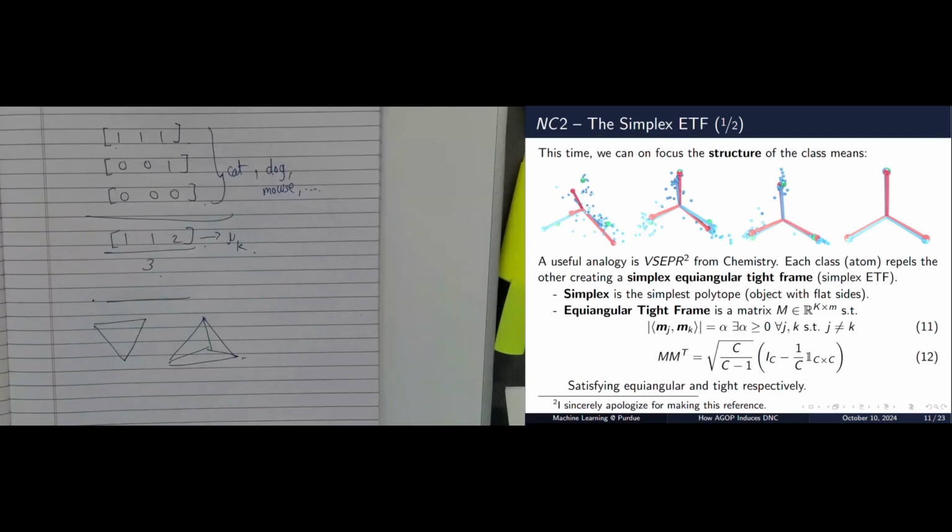You might get something a little bit lesser, and if you have only 2 classes, you will get a line which is just 180 degrees. So the idea is to maximize the angle wherever possible, and that structure can be quantified mathematically quite neatly using the simplex ETF. Okay, got it.